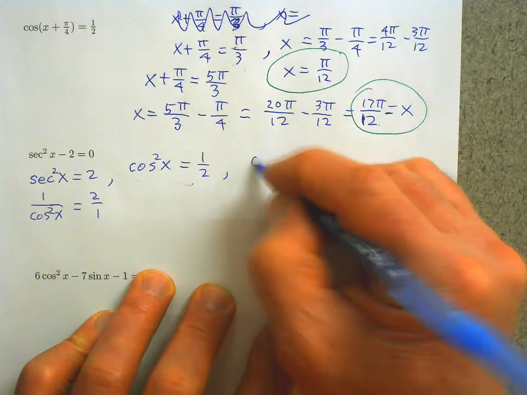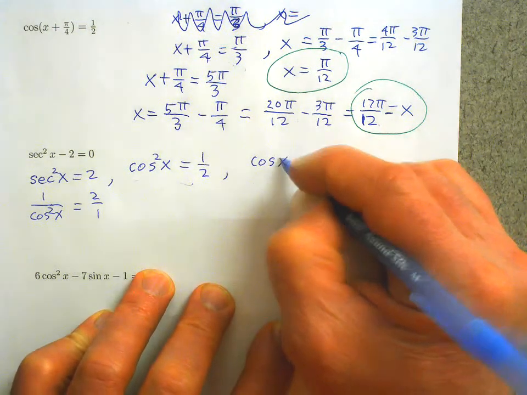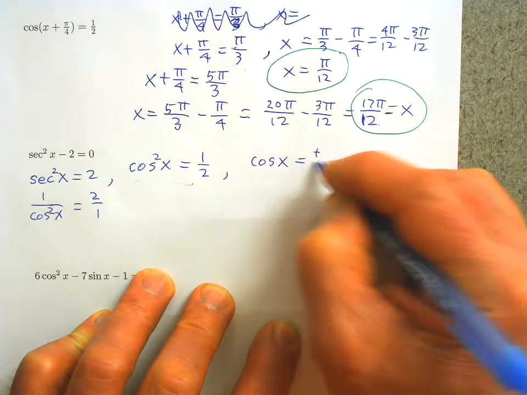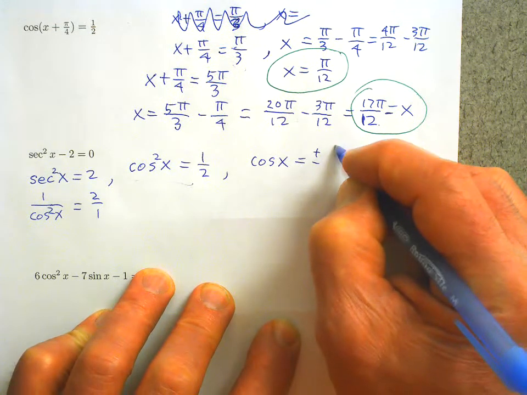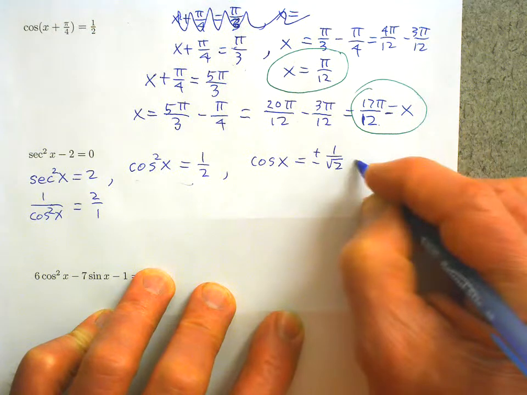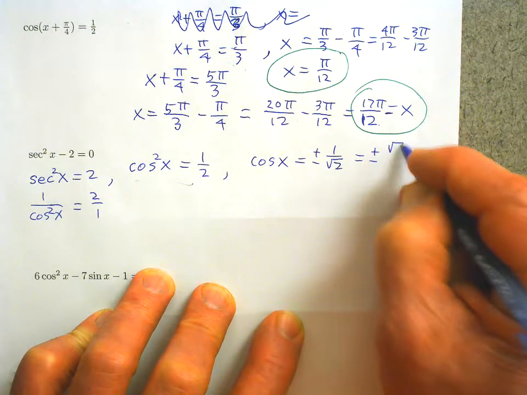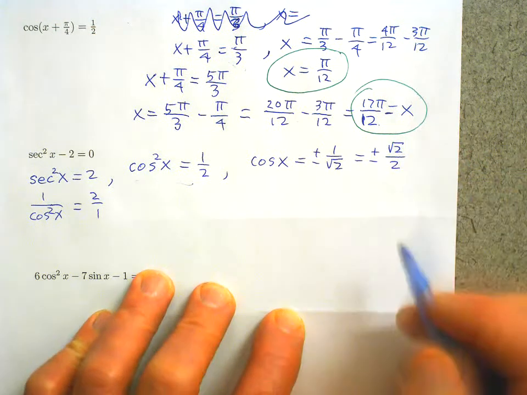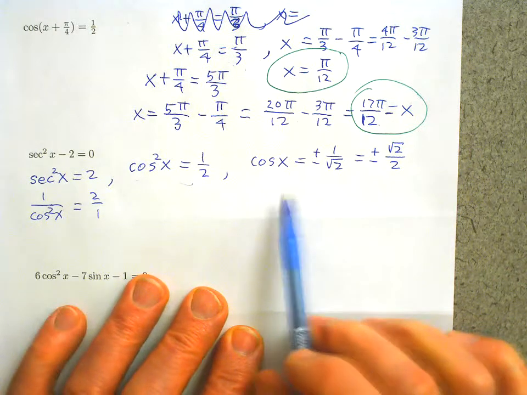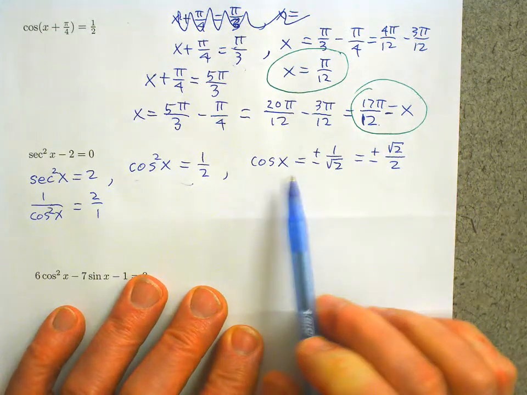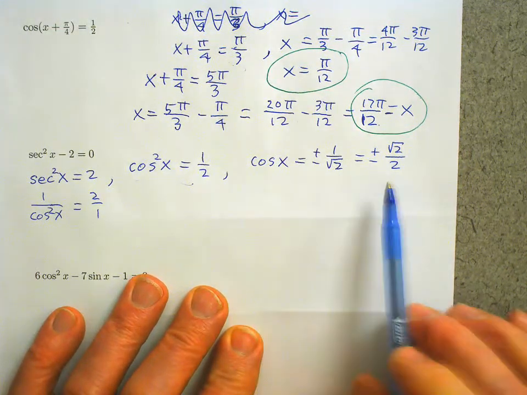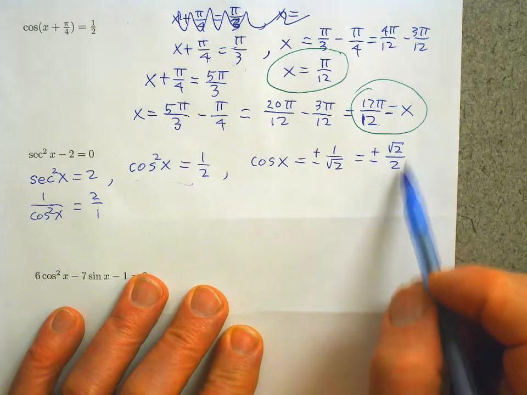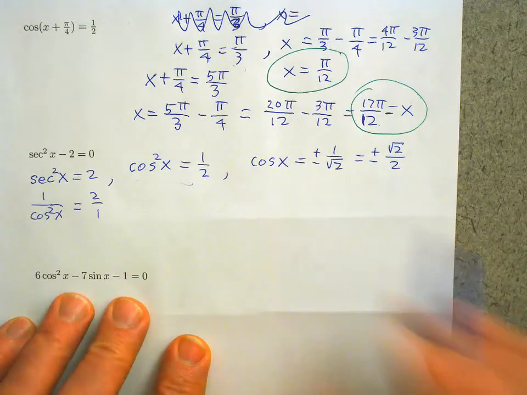And then apply the square root property. Cosine of x equals positive or negative 1 over the square root of 2. But this is positive or negative square root of 2 over 2. So we know where cosine of x is equal to either positive square root of 2 over 2 or negative square root of 2 over 2.